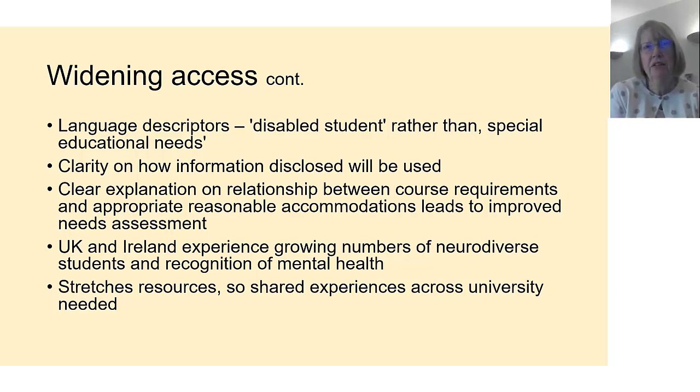And I think the student then needs, if they're not going to have the needs assessment, if they're going to do it through looking at the university's available information on reasonable accommodations, a clear explanation on the course requirements. The student is coming with no real understanding of how the 3 years or 4 years is going to pan out in terms of the activities they're going to do.